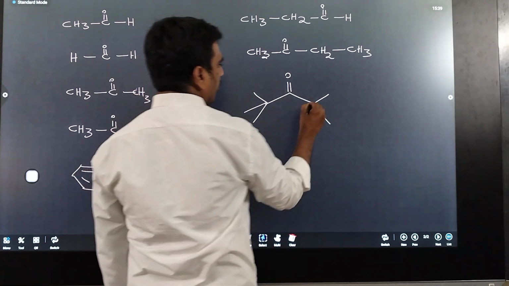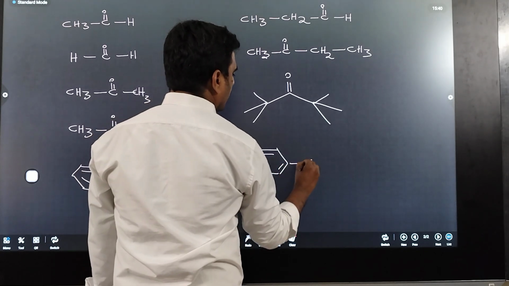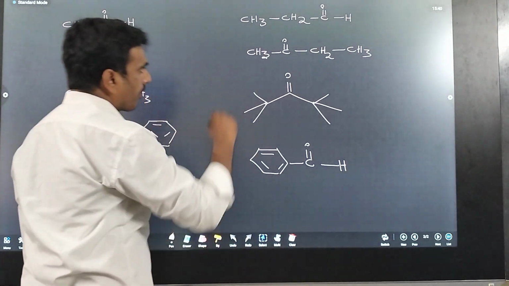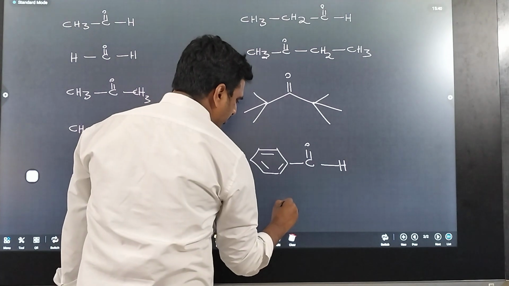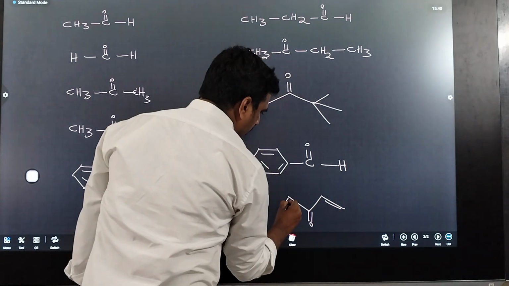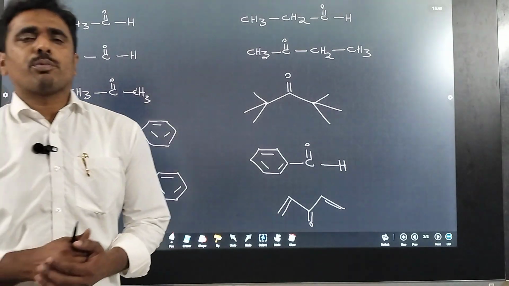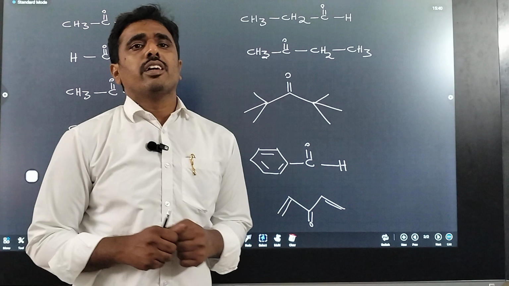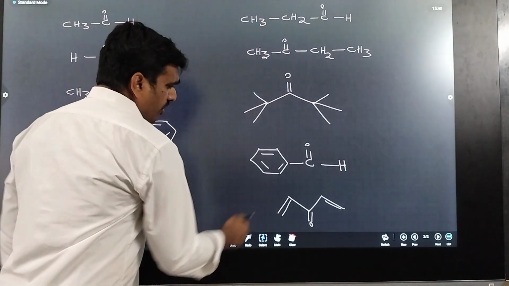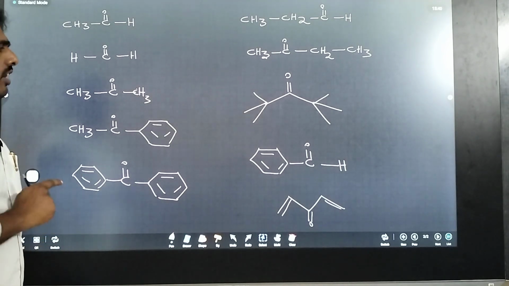And benzaldehyde. So in aldol condensation, the compounds which participate must contain sp3 hybridized carbon and alpha hydrogens. That type of compound participates in aldol condensation.